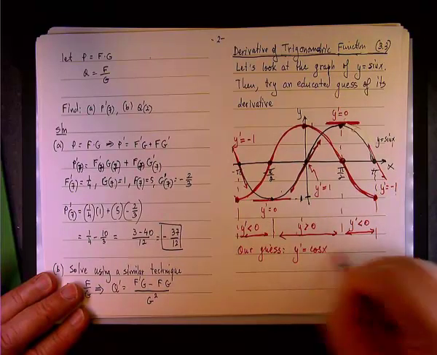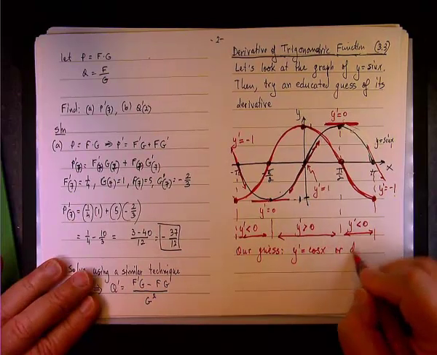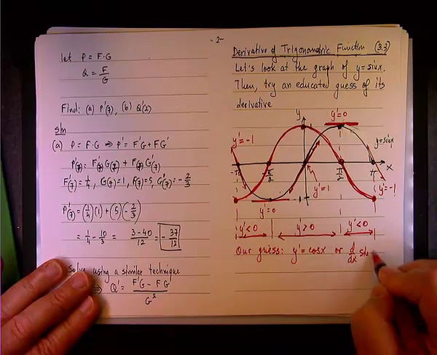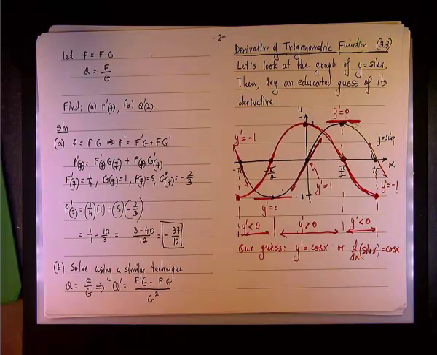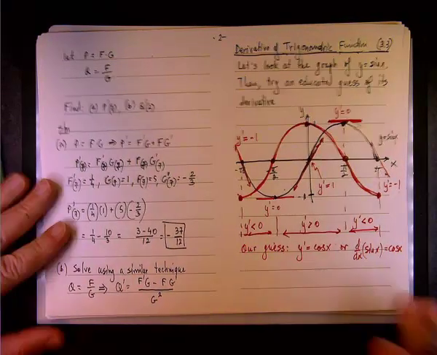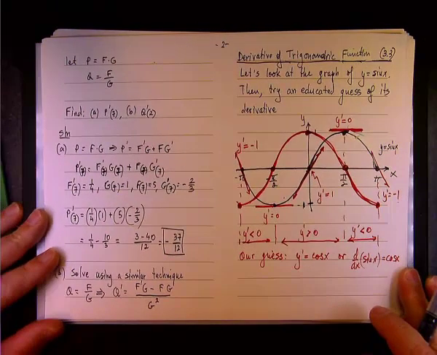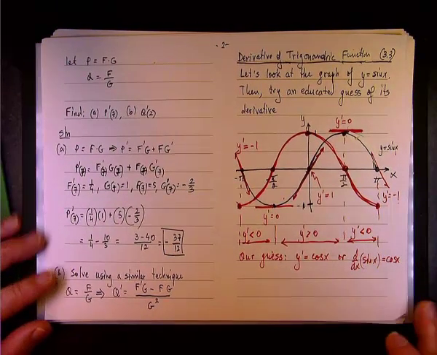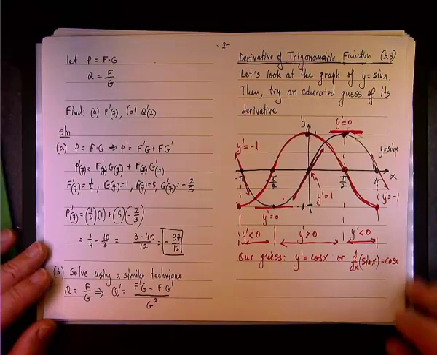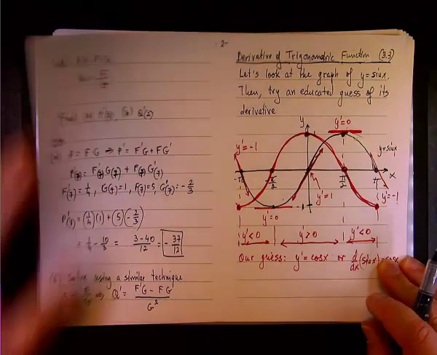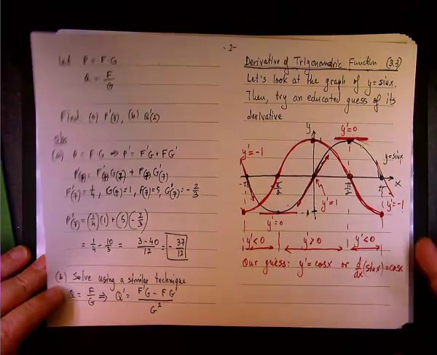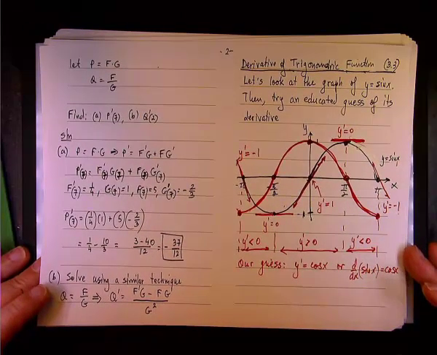So, our guess is that y prime equals cosine x, or we can say that d dx of sine x equals cosine x. And with this, we'll see that this is an excellent guess. And what I'll do next, I'm going to prove it. Okay? So in the next example, we'll just prove that the derivative of the sine indeed is the cosine.